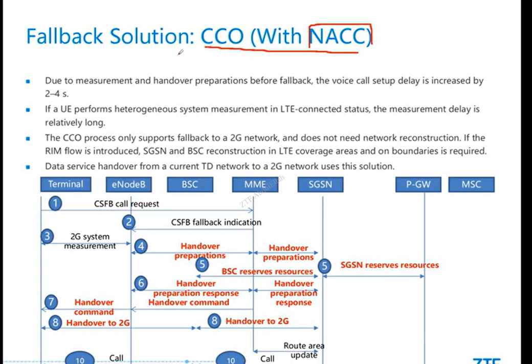It cannot support LTE network fallback to the 3G network. And for CCO, there are two options. The first option is without NACC. The second is with NACC. Normally we select with, because with NACC it can reduce time delay.